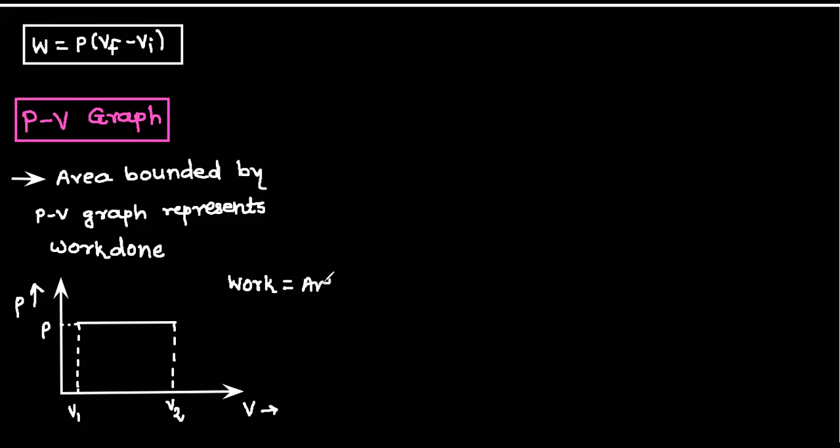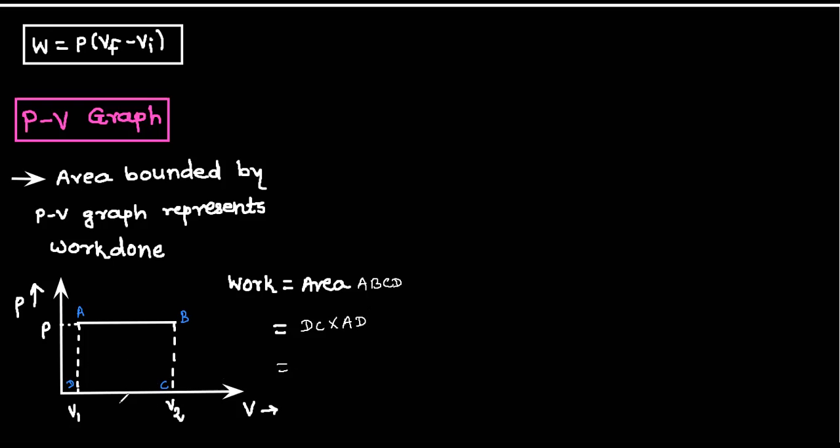Area, and this is a rectangle. If I give names like this, suppose this is A, this one is B, this one is C, and this one is D, then the area of ABCD is AB into AD, or DC into AD.